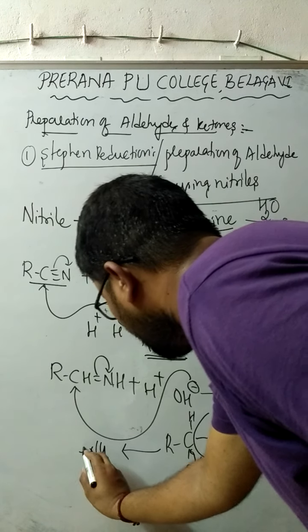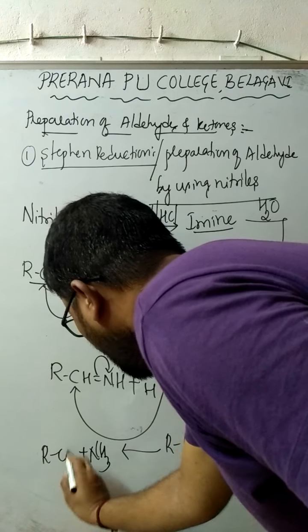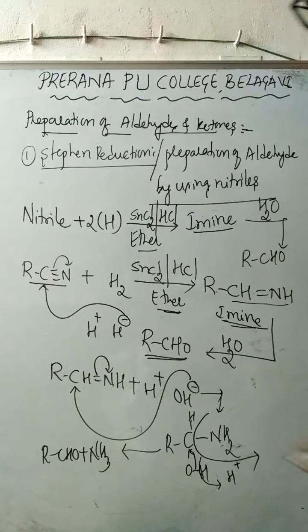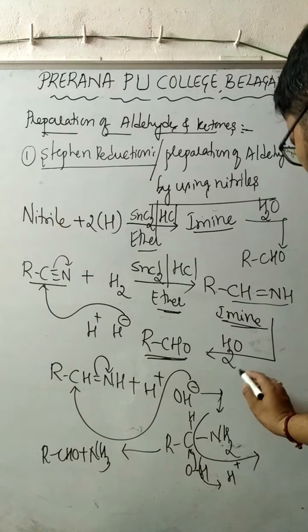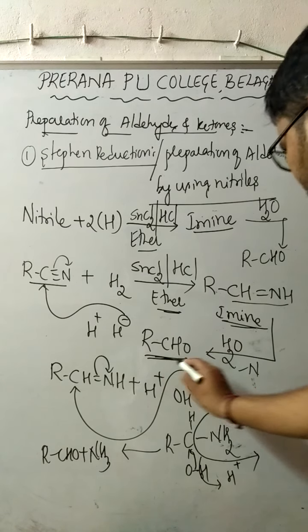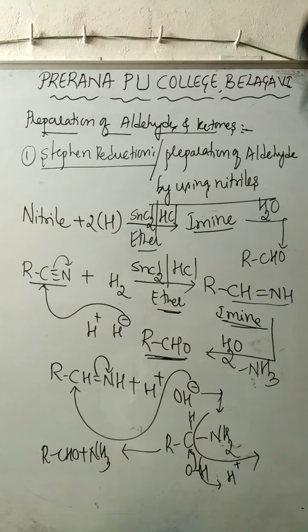Along with ammonia, we are going to get RCHO. This is how we get aldehyde along with the elimination of ammonia. This particular reduction is considered Stephen reduction. After knowing this general reaction, let us discuss a particular reaction with reference to Stephen reduction.